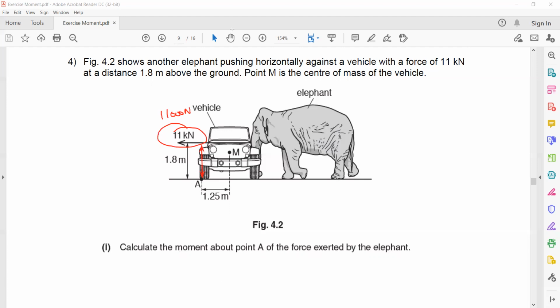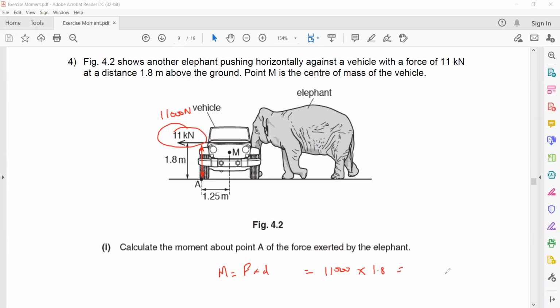So when we calculate the moment, which is the product of force and distance, force is given as 11,000 Newton multiplied by distance 1.8. What is the answer when 11,000 is multiplied by 1.8?